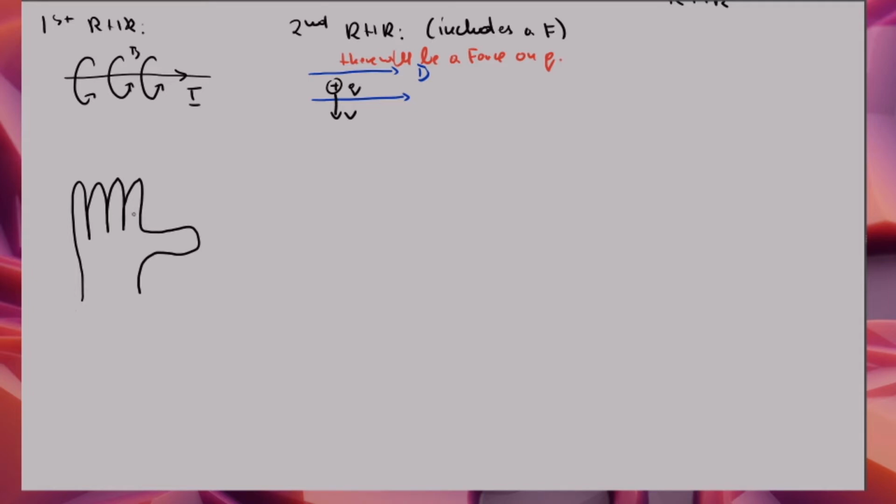So use your right hand, and the convention is that in the direction in which these fingers point, and you keep them straight, the magnetic field points along these fingers. Along the thumb points the direction in which the velocity points. So this is v, velocity.